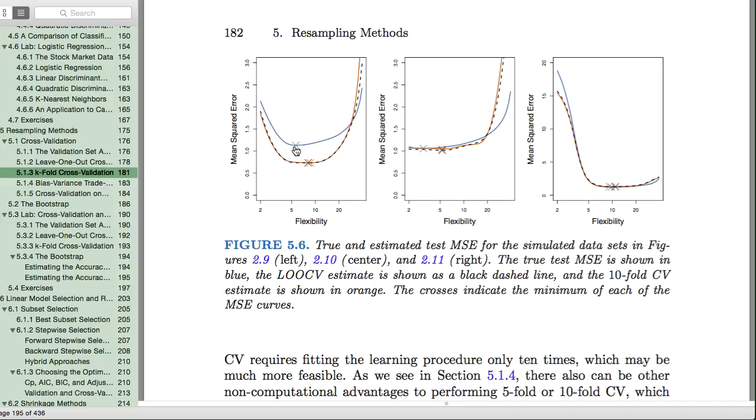And so the horizontal distance between these two x's is really what's important. Did we get very close to the actual minimum? Here, the fact that we've underestimated the MSE is not really a big problem, because the estimate we've made is actually close to the minimum.